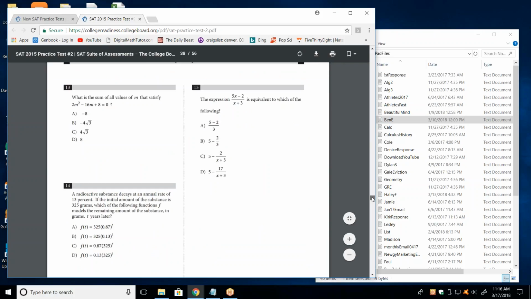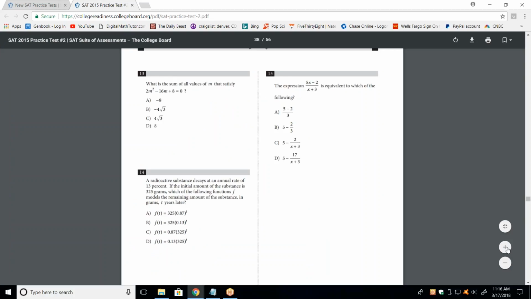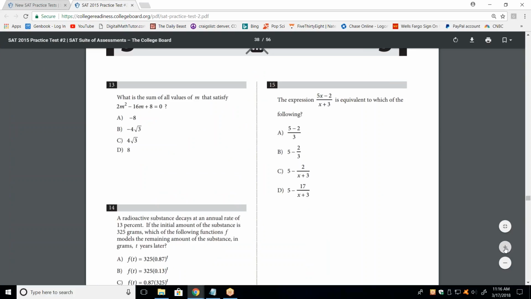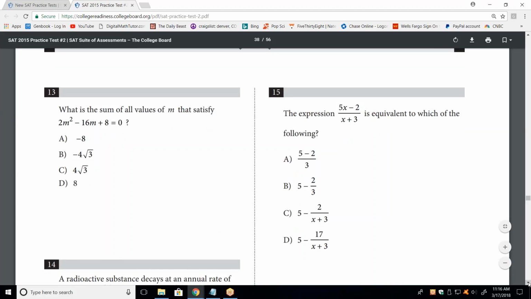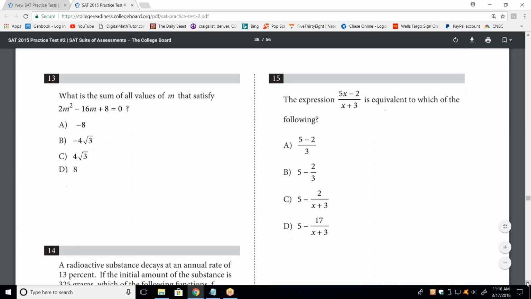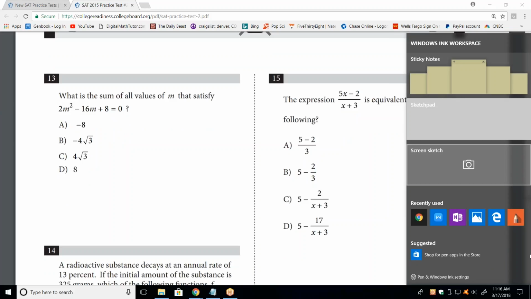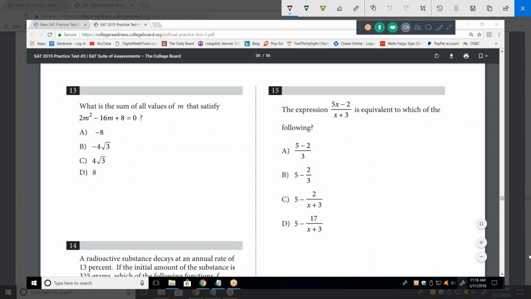All right. So we're going to look at 15 next. Hold on. Let me blow it up because we're definitely going to be doing some writing on this. In fact, I want to do a couple things here. First of all, I want to see if you know how to do it.